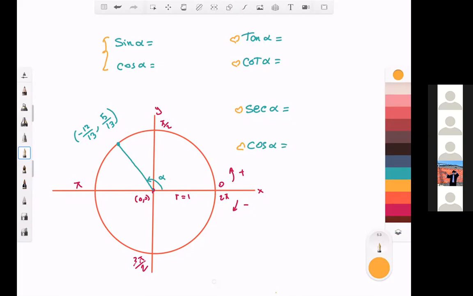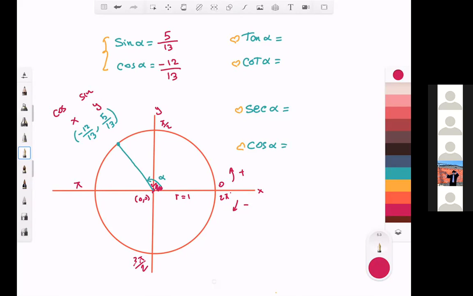You are in the right direction, but this is x and y, which is the same as x is cosine, y is sine, correct? So sine of alpha is 5/13, and cosine of alpha will be negative 12/13.